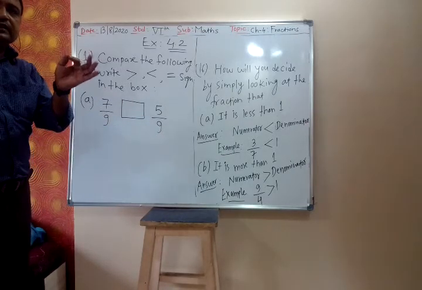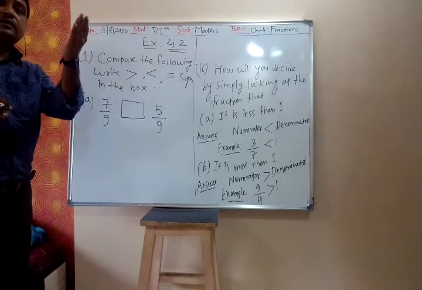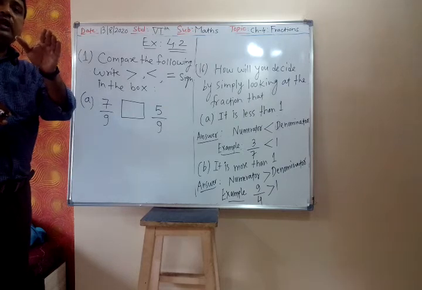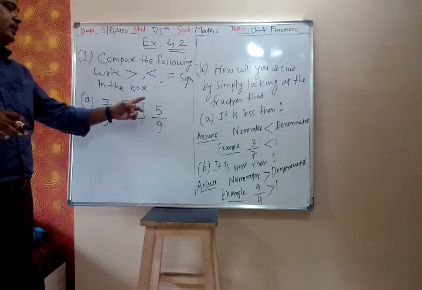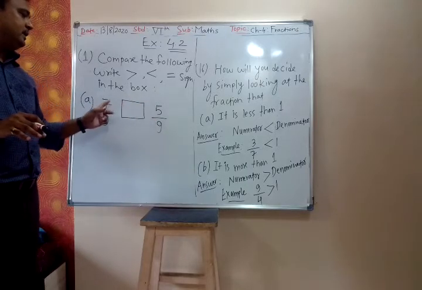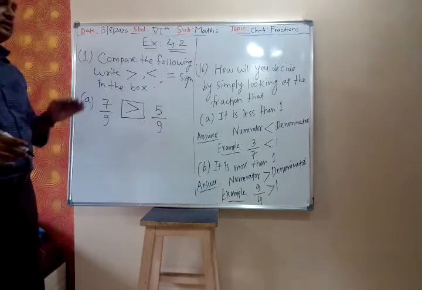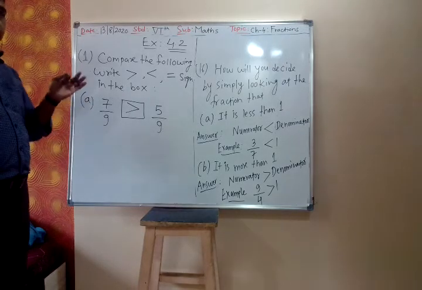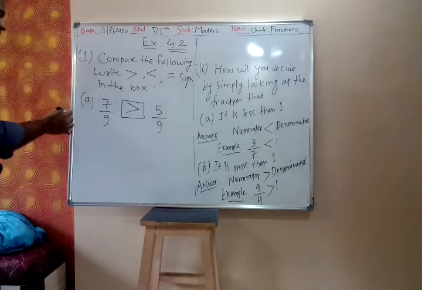Whenever fractions are like fractions, we compare the numerators. Numerators are 7 and 5. Which number is bigger? 7. So 7 by 9 is greater than 5 by 9. Are you getting it? So whenever fractions are like fractions, we have to compare the numerators.